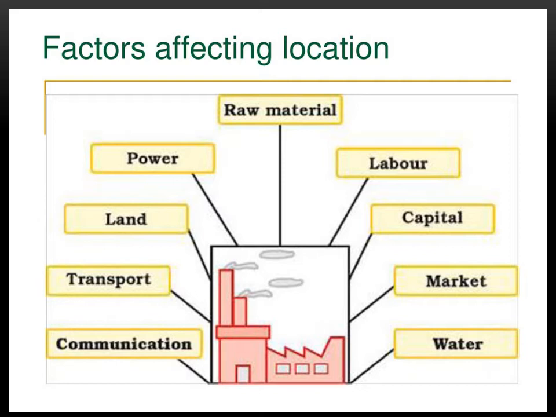And the skilled labor, and the power supply. Obviously, the government is supplying all the infrastructure, and the power supply is the main component of the infrastructure, and the industrial linkages. So these are very, very important things that we should keep in mind before selection of the location.